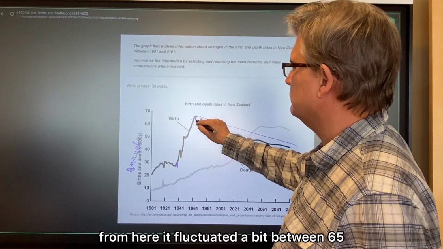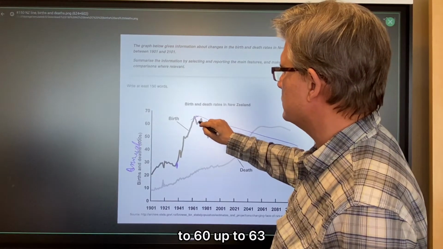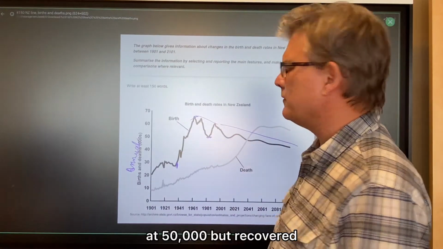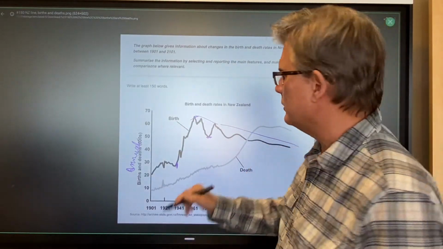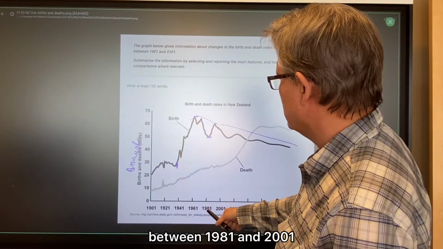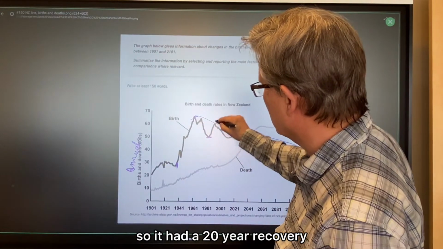From here, it fluctuated a bit between 65 and 60, up to 63. It hit a bottom at 50,000, but recovered to 60 between 1981 and 2001. So it had a 20-year recovery.